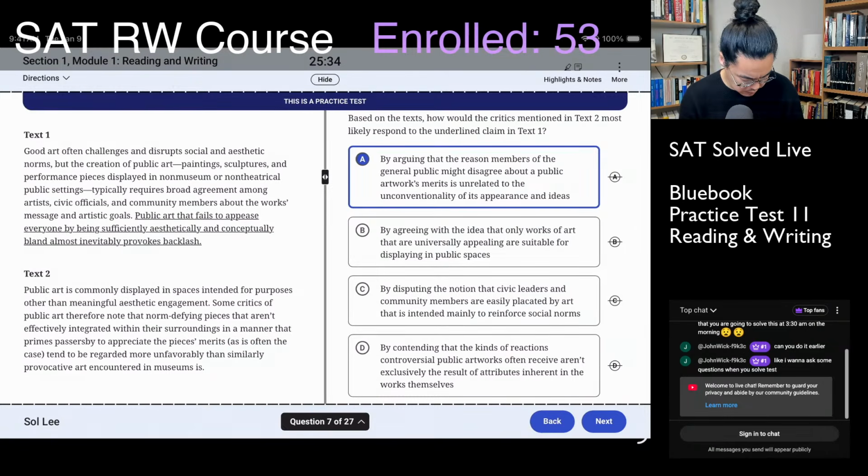Members of the general public, okay, which I see some connections. Might disagree about the book's merit. Unrelated to the unconventionality. Okay, yeah, I think A is definitely fully defensible, whereas D, contending that kinds of reactions are inherent is the hard part. There we go.